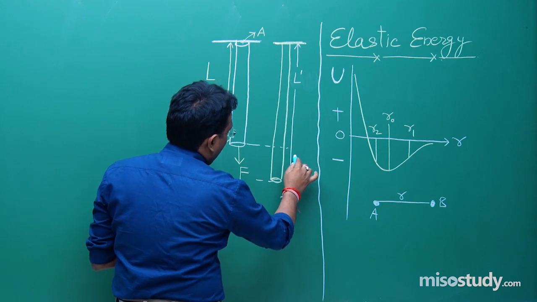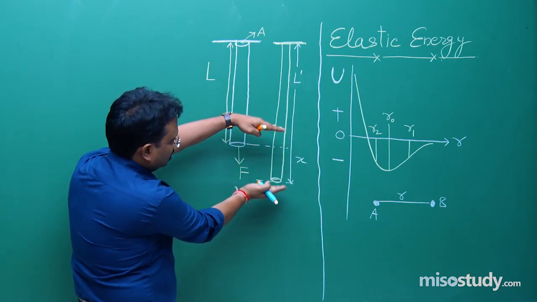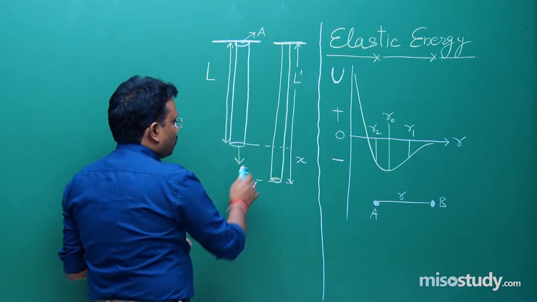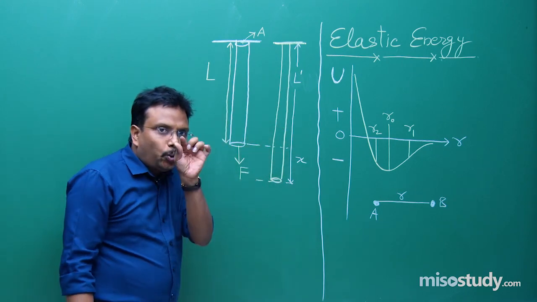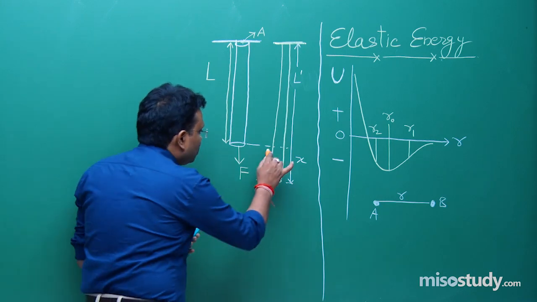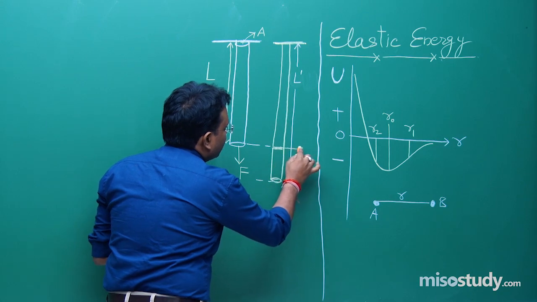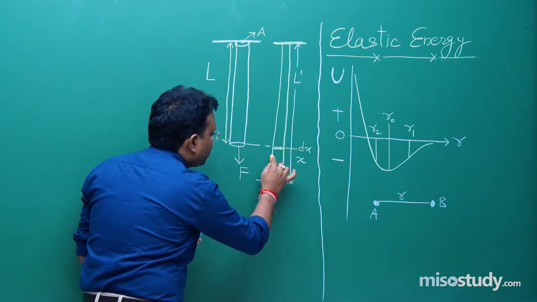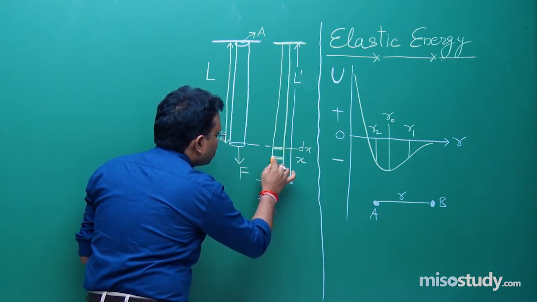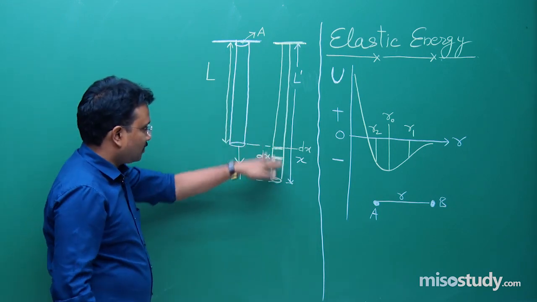Let us say the overall increment is x. This increment in the length we can divide into small intervals: this portion is delta x, another portion is delta x, like this, over the total distance.